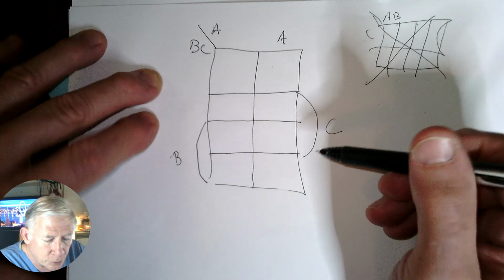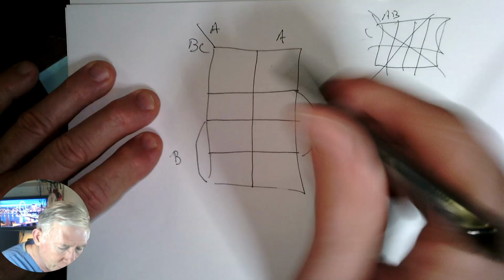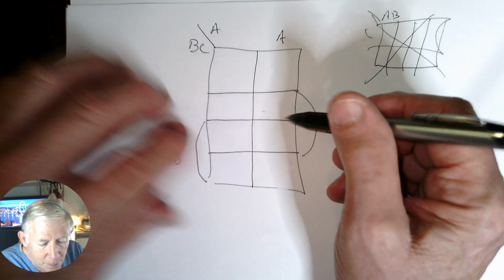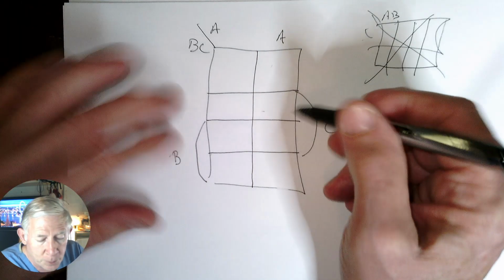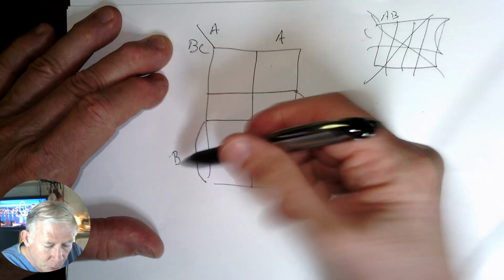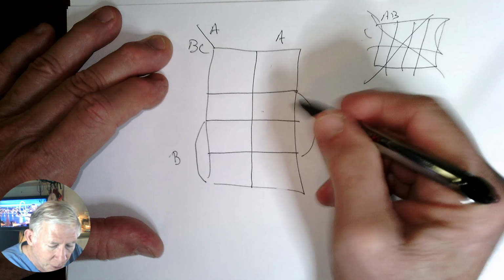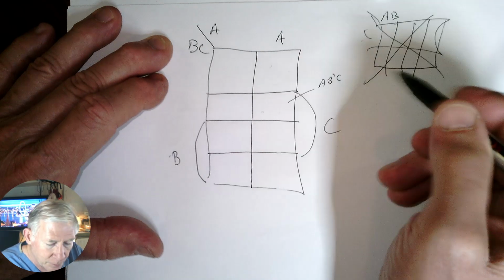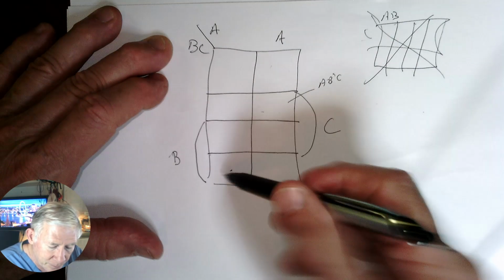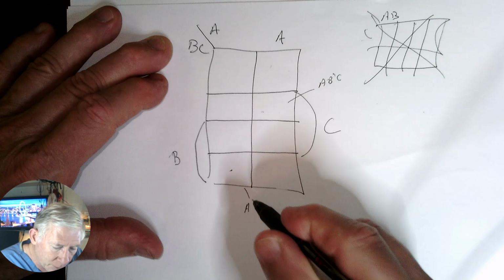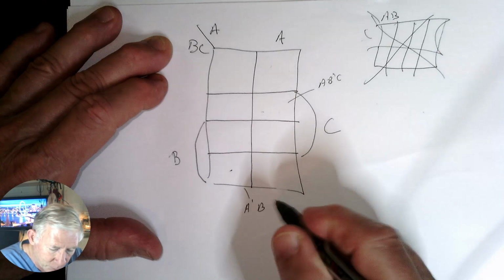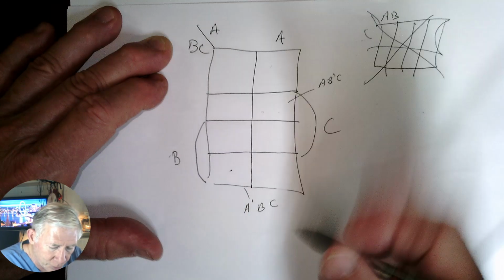Okay, and this is how you can read things off the map. If I pick a box, say this box right here, since it's a three-variable map, every box by itself will be a three-variable term. So this box would be A, B prime, C. And this box down here would be A prime, B, C prime, because it's in the A prime column, B, because the bottom 2 rows are B, and C prime, because the top and bottom rows are C prime.